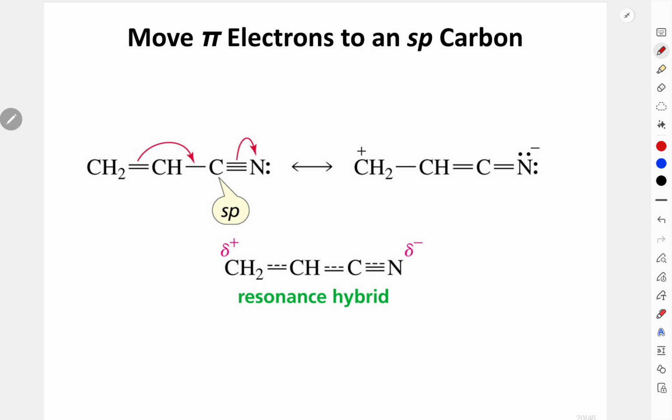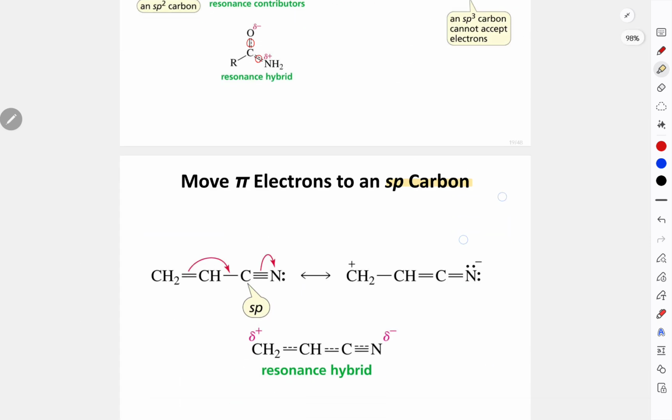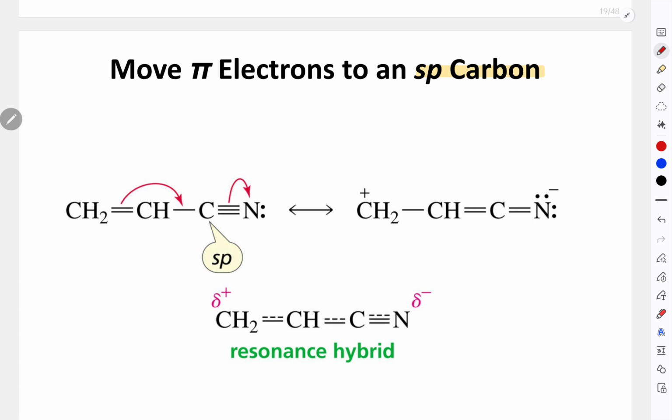So you have, for instance, a double bond here, and you have an sp hybridized carbon, which has this p orbital. In this case, there is no charge, so this can accept the movement of the pi electron. You can draw the arrow like this, and after all, you can have the double bond here.